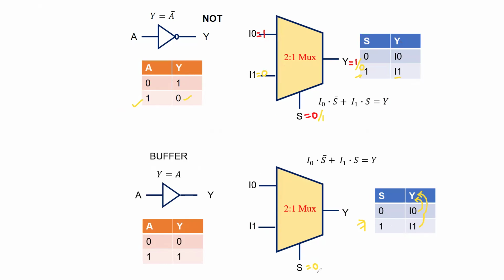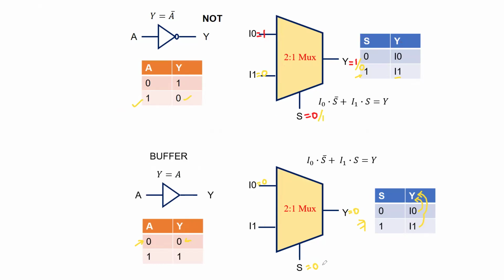When S is equal to 0, it is similar to when A is equal to 0, output Y equal to 0. So we want Y to be 0. So I set I0 equal to 0. That's how for S equal to 0, I0 gets connected to Y. However, now when S is equal to 1, I1 should be set equal to 1.